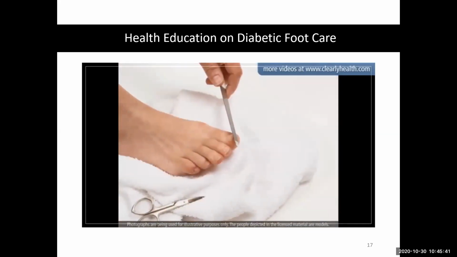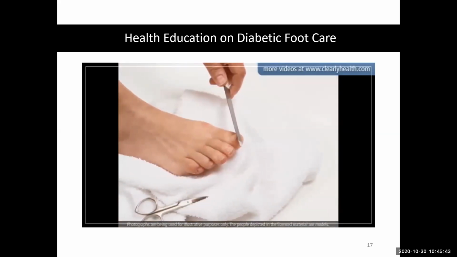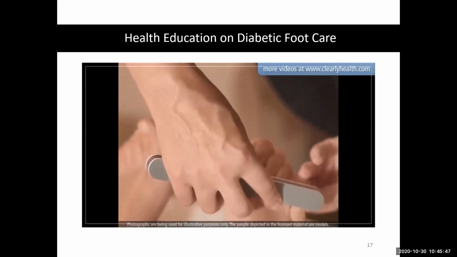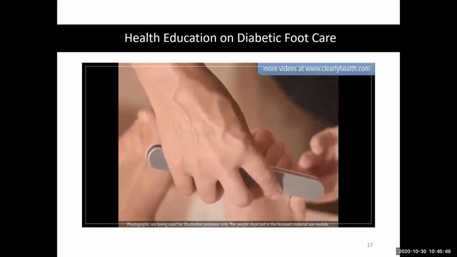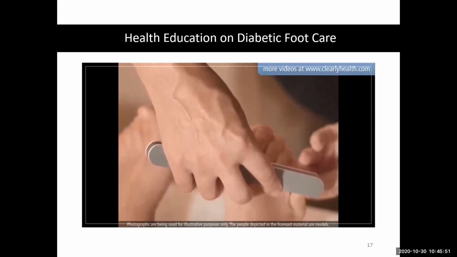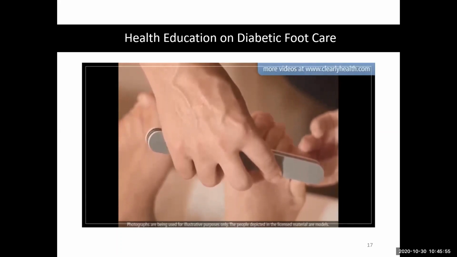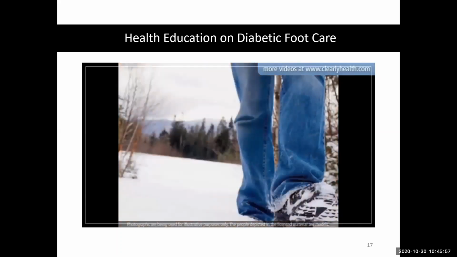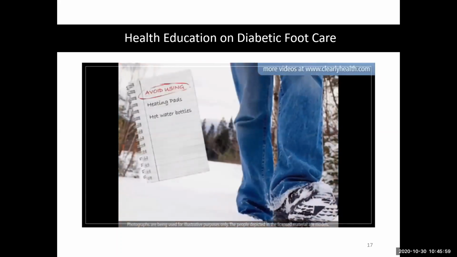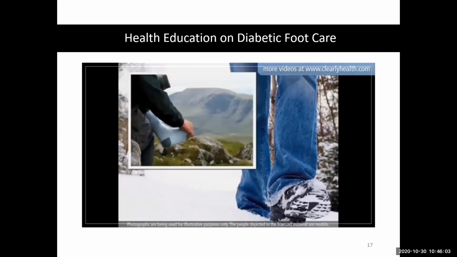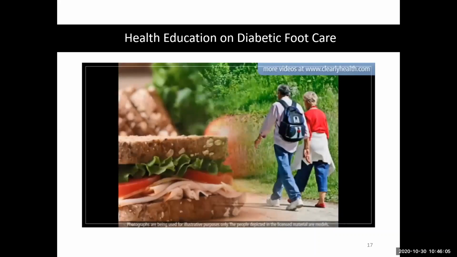Trim your toenails straight across once a week. Smooth sharp edges with an emery board or nail file. Contact your doctor if they become thick or yellowed, or begin to curve and grow into the skin. Avoid using heating pads, hot water bottles, or campfires to warm your feet, and carefully check your feet during cold temperatures for frostbite.